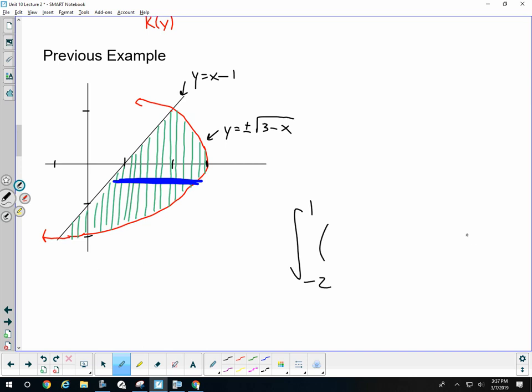The next thing I know is that the height of my rectangle is a very small change in y. Now, the only thing that's unique to this form that we're not used to is that we need x equals y equations in here.